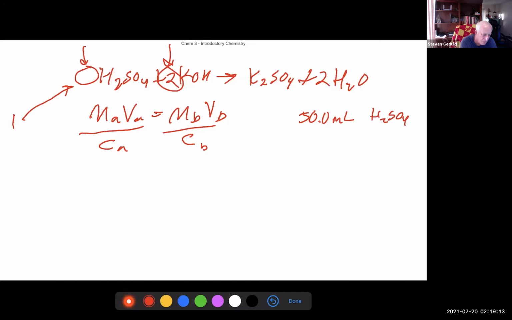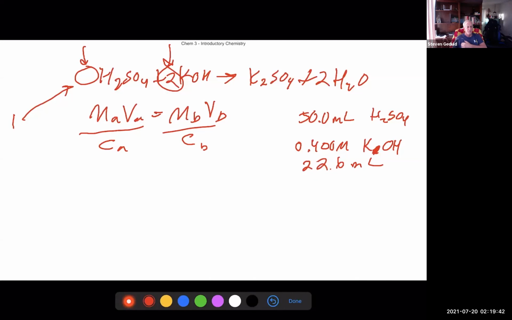That's 0.400 molar potassium hydroxide, KOH. If 22.6 milliliters of KOH are required to neutralize, what's the concentration of the sulfuric acid solution?